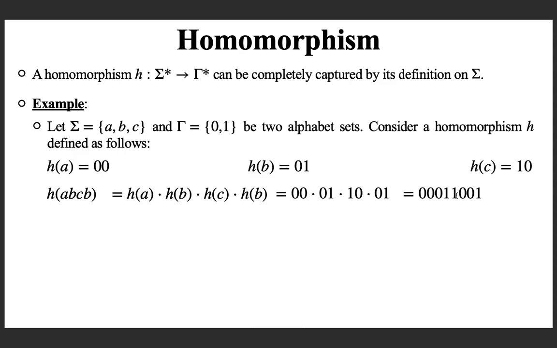So that is why I said to define this homomorphism completely, you don't have to worry about the definition of h on strings. You just have to see what is h of A, what is h of B and what is h of C. That is enough, because a string is a sequence of symbols, so you can find the value of the homomorphic image individually on each symbol and then just concatenate.